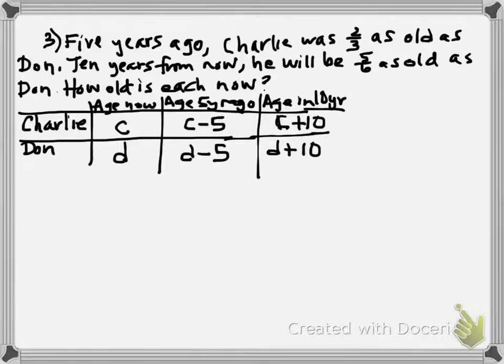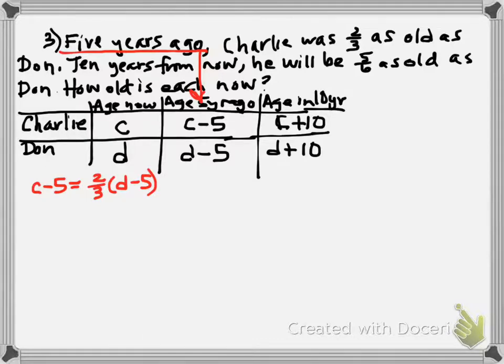All right, now I go and read 5 years ago. So what that says is, look at your definitions from 5 years ago. Charlie 5 years ago was C minus 5, equals 2/3 as old as Don. So we're talking about Don in the past as well, so he's D minus 5.